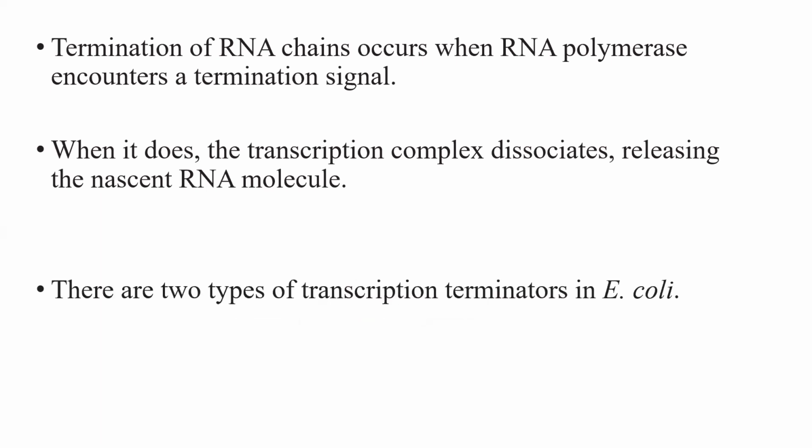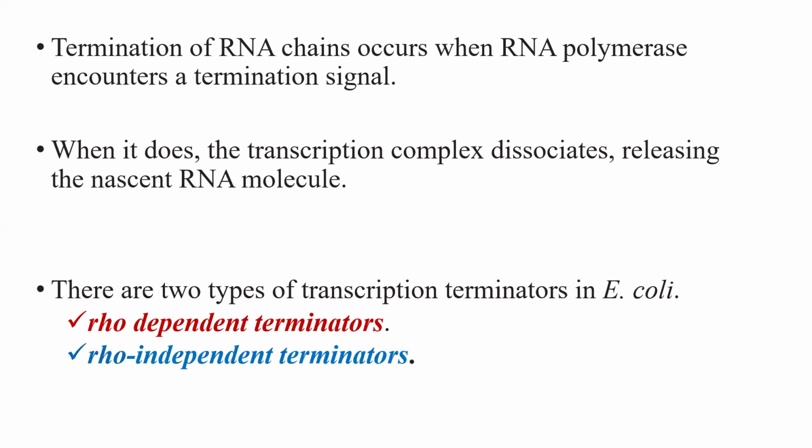There are two types of transcription terminators in E. coli. The first one is called rho-dependent terminators, which involves the presence of a protein called rho protein. That's why it's called rho-dependent terminators, and the mechanism is called the rho-dependent termination mechanism of transcription.